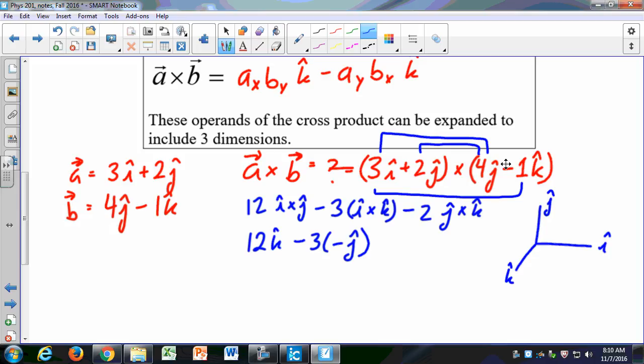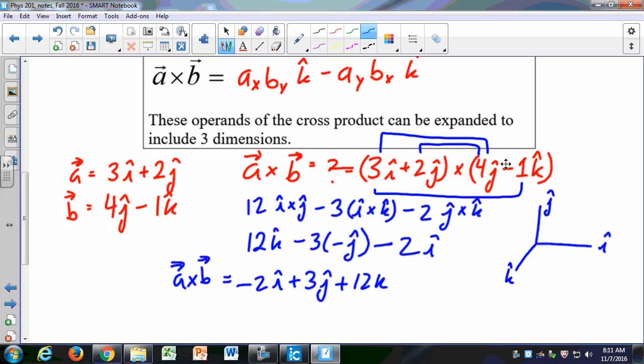Positive i, right? Because my thumb is pointing in the positive i direction. So that's going to be minus 2i. So the resultant of this is going to be minus 2i plus 3j plus 12k equals A cross B.